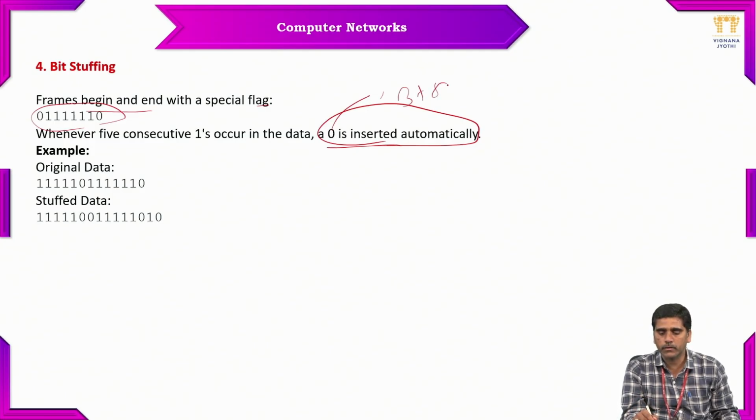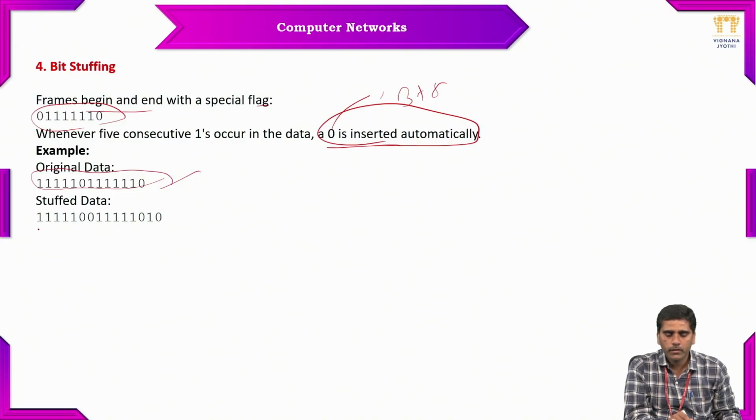So in bit stuffing, here the original data is 5 ones 0, again 6 ones 0. This is the original data actually. What we are going to do is stuff the 0, inserting it where 5 consecutive ones occur. Now in the stuffed data, after 5 ones we add a 0 because we are stuffing the bits.